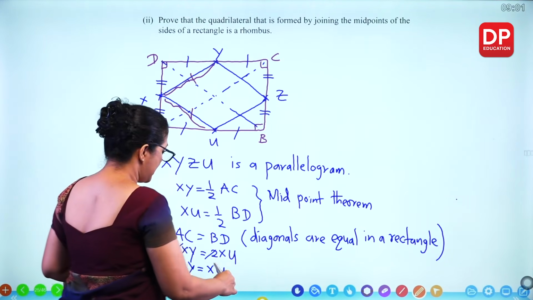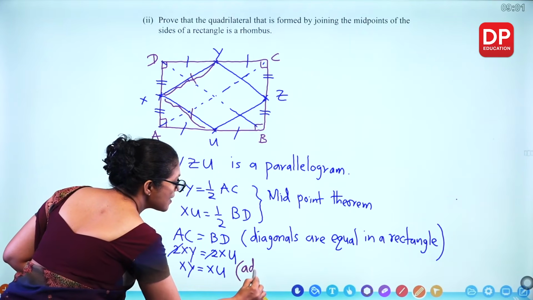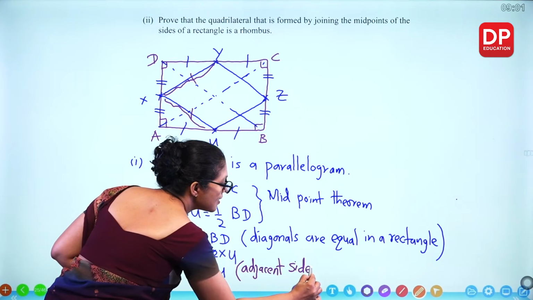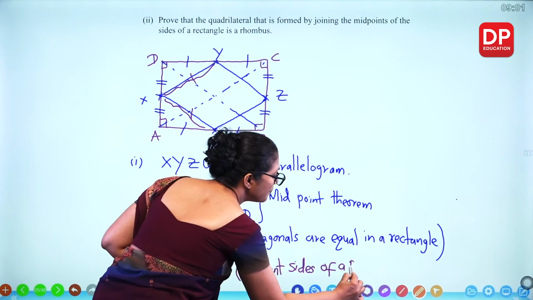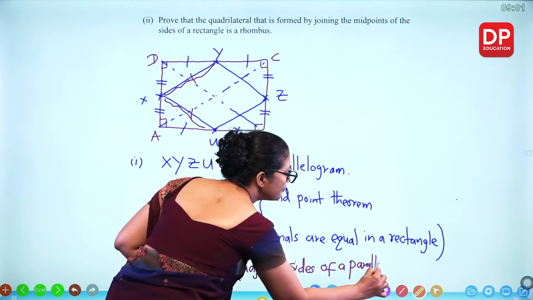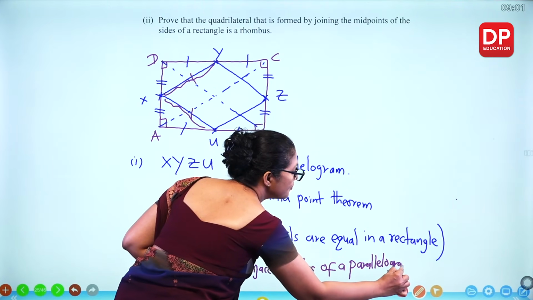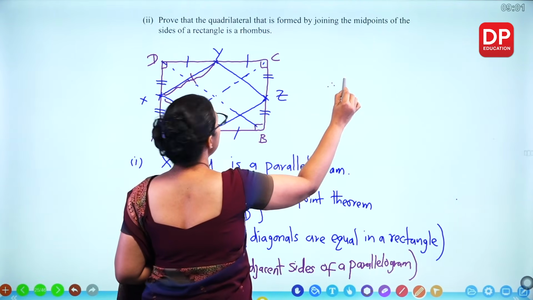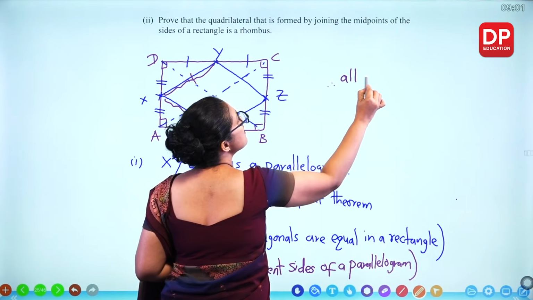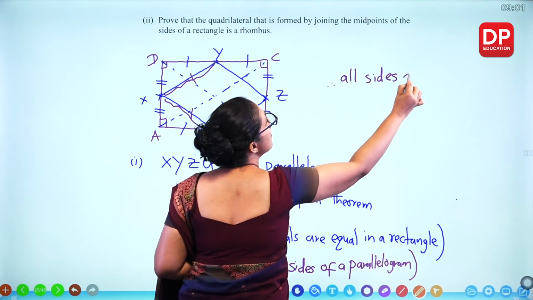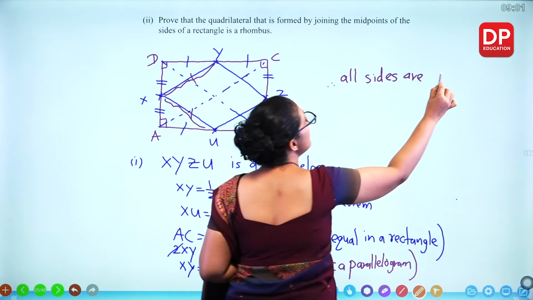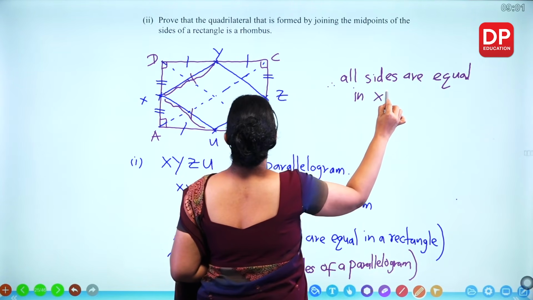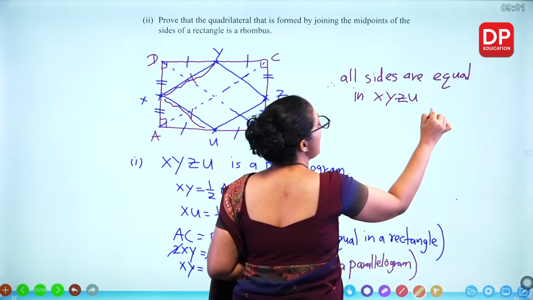So we can write these are adjacent sides of a parallelogram. So adjacent sides are equal means all sides are equal in XYZU parallelogram.